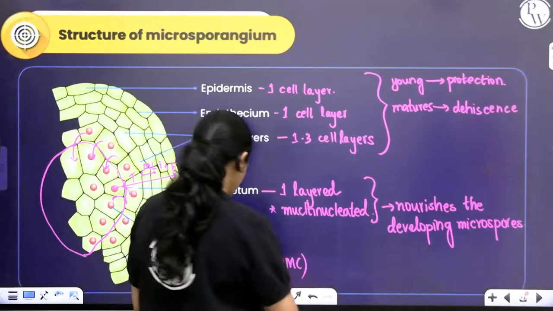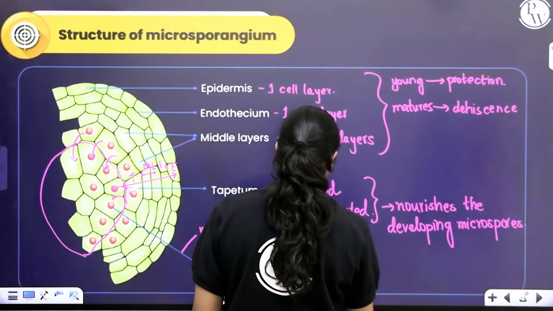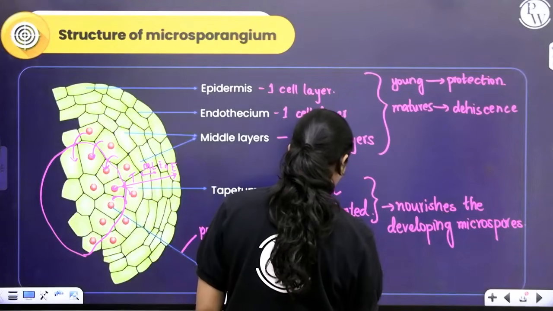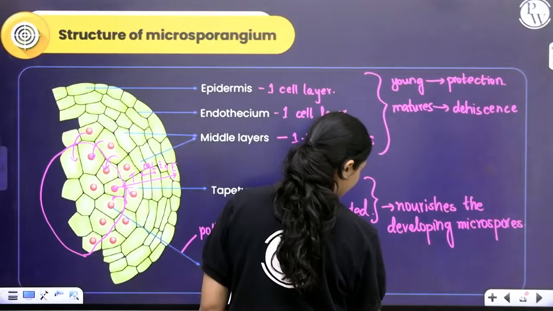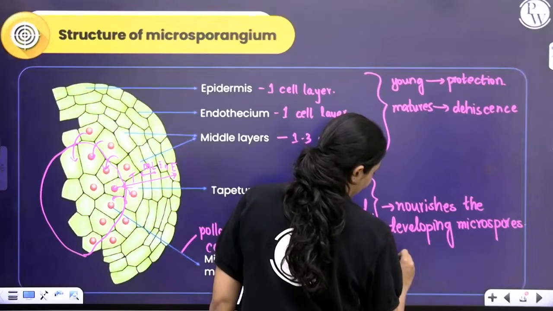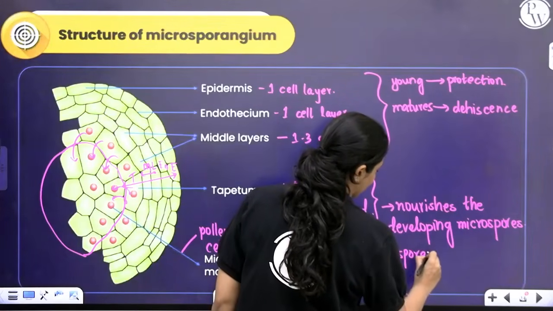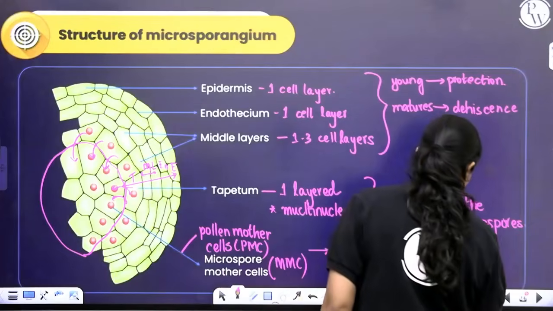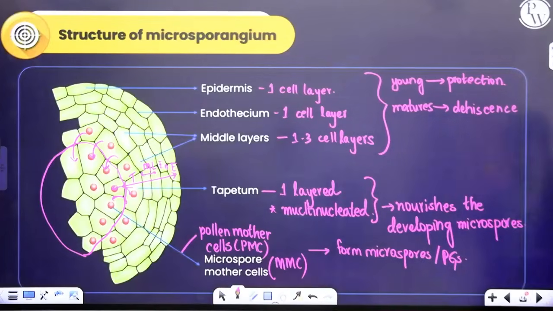These microspore mother cells, or pollen mother cells, are eventually going to form microspores or pollen grains. Now let's talk about how exactly microspores form.